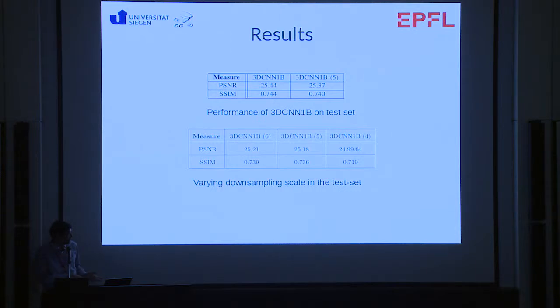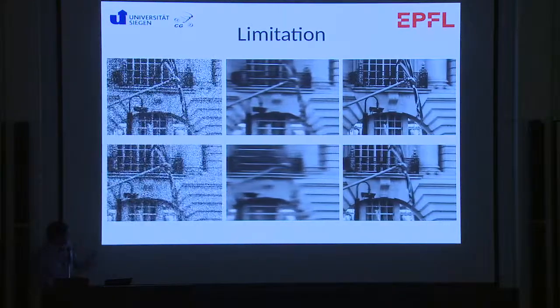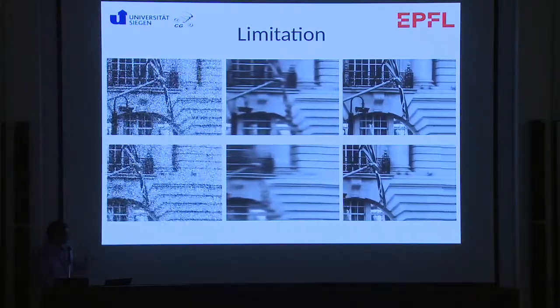As I mentioned, we take the deep learning data set and downsample to create training and test data sets. So if we change the downsampling factor, that is, if we increase the motion, we see that the performance degrades. So we study how much we can achieve.